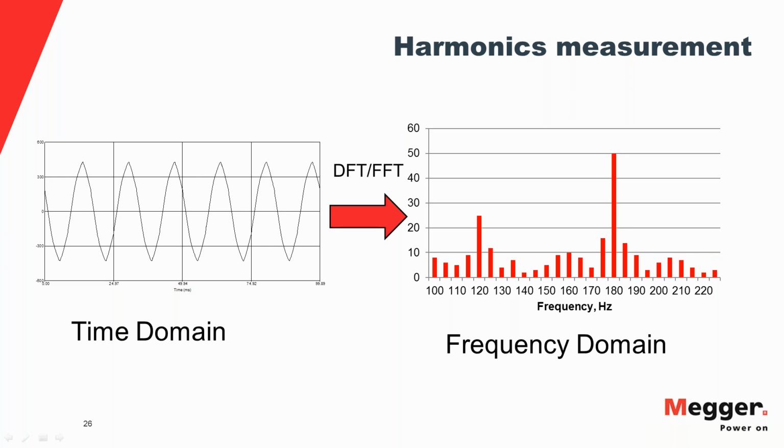Now, how do you come up with harmonics from this? What you get is essentially those red graphs that you see. Each red bar corresponds to a 5 hertz bin. So let's take 180 hertz for example. The frequency of 180 hertz is at the center of a 5 hertz bin. There is a 5 hertz bin to the right of it and a 5 hertz bin to the left of it.